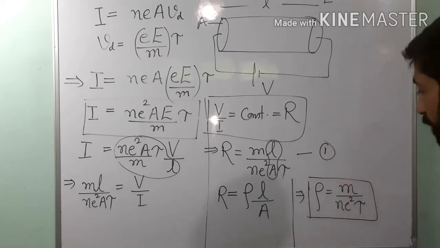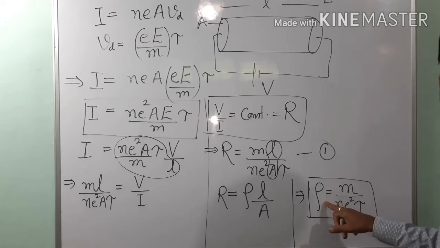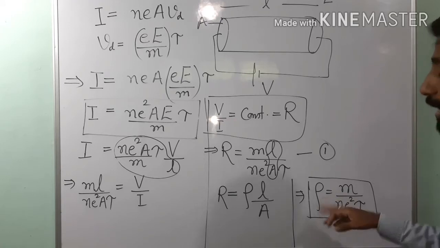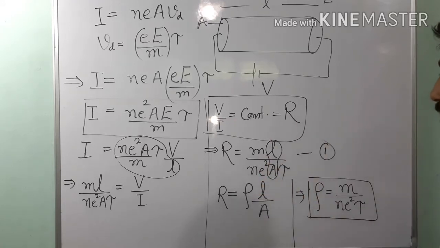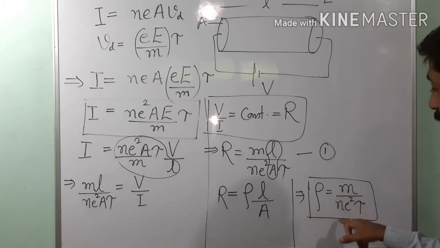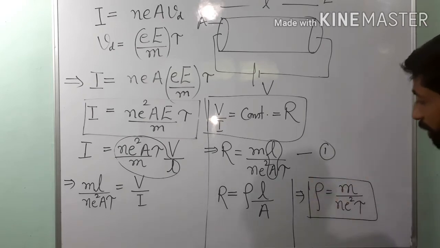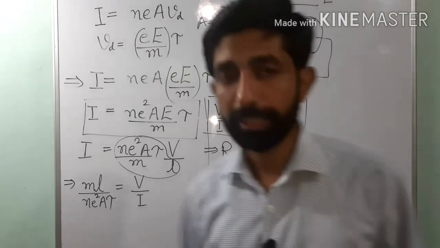If n is large, then rho will be less and less, so that material becomes more conductive. So resistivity depends on the number of electrons per unit volume and the relaxation time of the electrons.